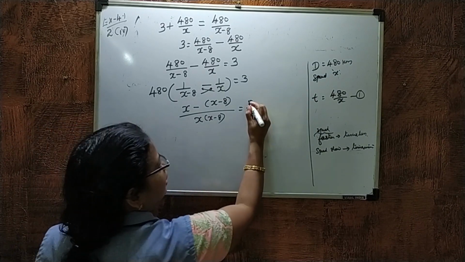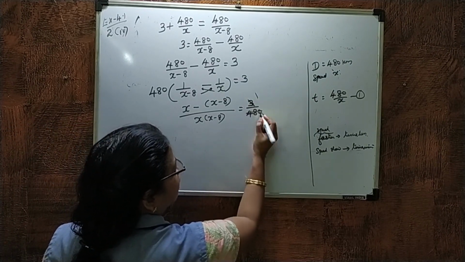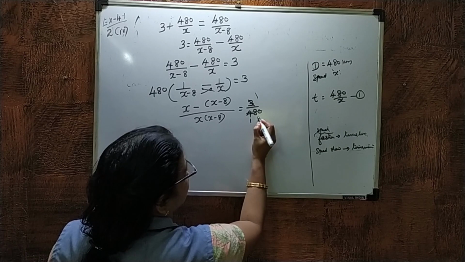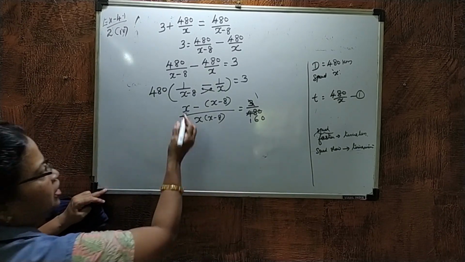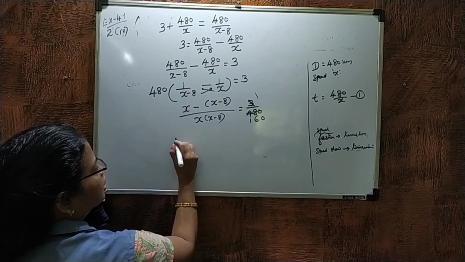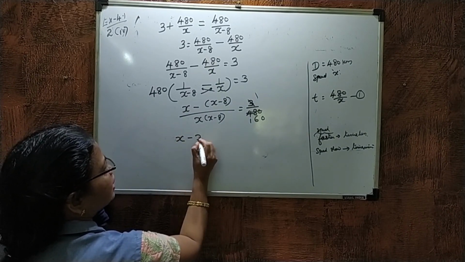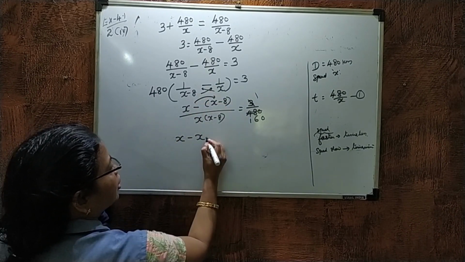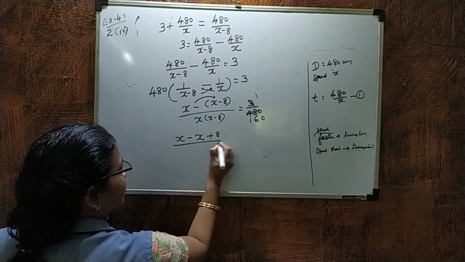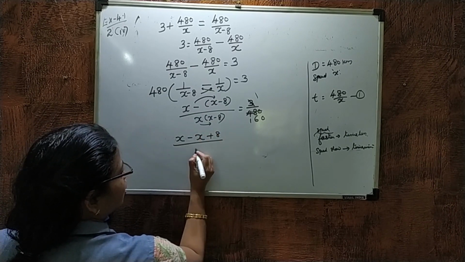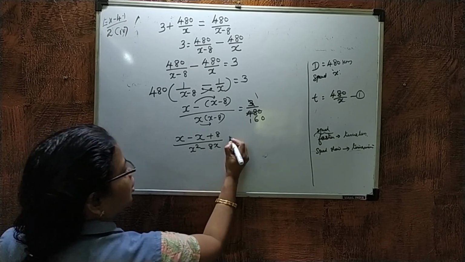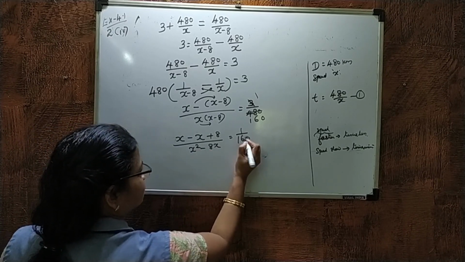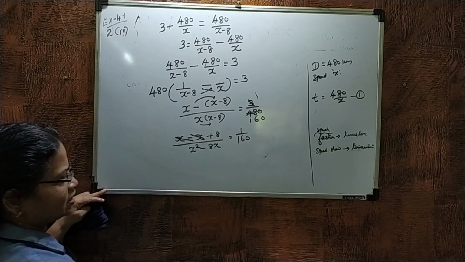Now can you cancel? 3 into 1 is 3, so it will be 160. So 1 by 160. Here what you can do, just remove the bracket. It will be x minus x, and then minus into minus plus 8, divided by, here also x into x, it is x square minus 8x, equals 1 by 160. So x and minus x cancelled.